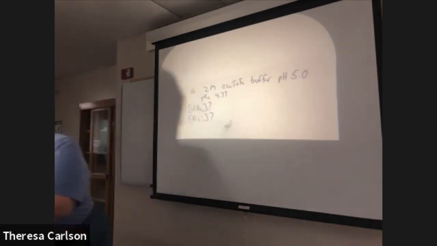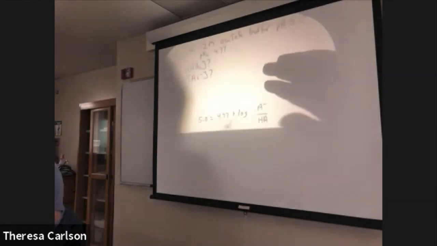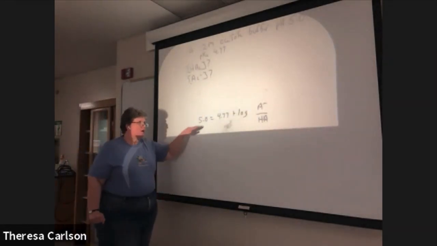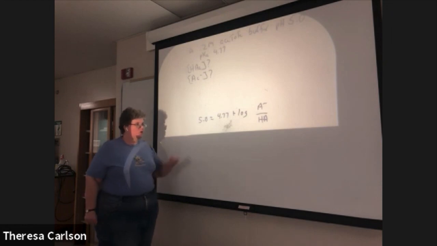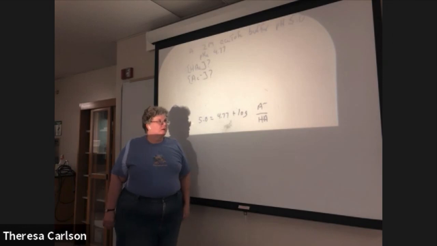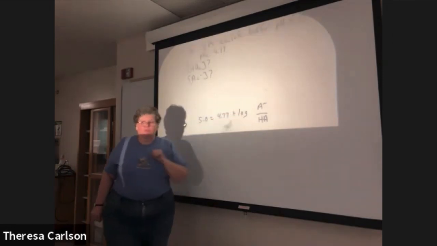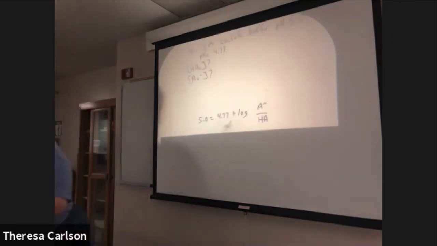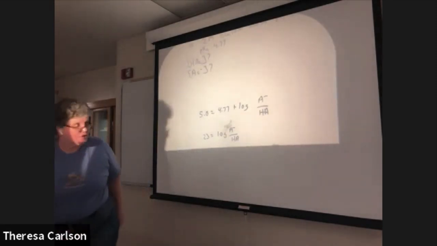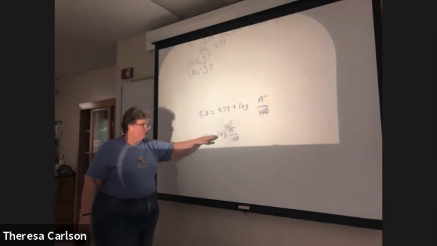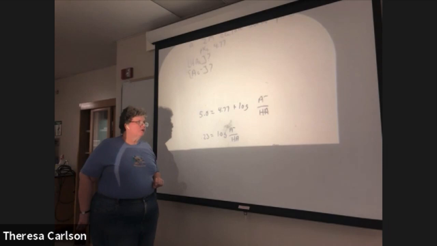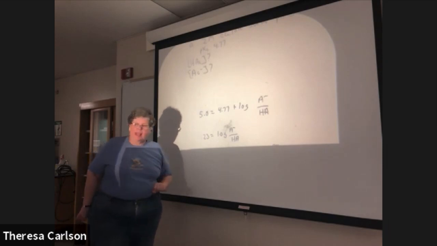So under the assumption you've done that, you're going to put what you know into the Henderson-Hasselbalch equation. So you're saying, okay, this is my pH, this is my pKa, and I have log of the conjugate base over the conjugate acid. When you subtract 4.77 from both sides, you get 0.23, that's the difference here, equal to the log of the conjugate base over the conjugate acid.